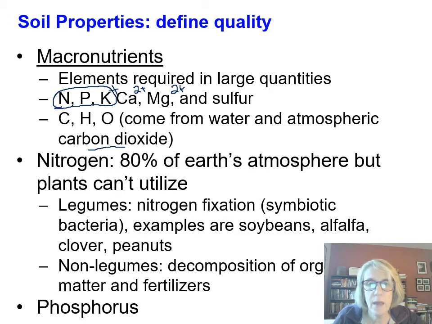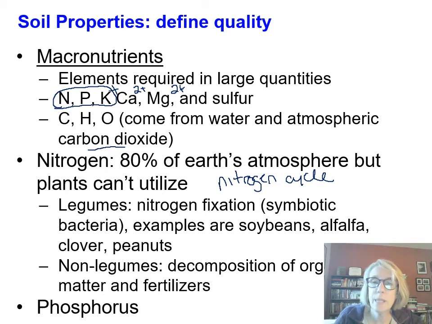Nitrogen, you may remember, or hopefully you remember, when we talked about the nitrogen cycle, 80% of the Earth's atmosphere is nitrogen, but plants can't access that atmospheric nitrogen, which is N2. So you need some way to fix the nitrogen or make it into a more usable form.